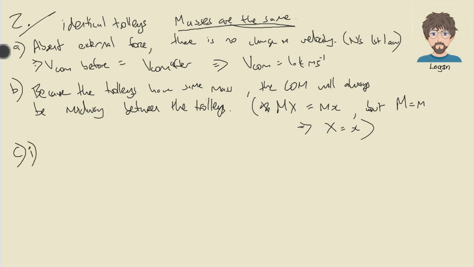1 second after the collision, the centre of mass of the system will be 1.4 meters from the collision point. Yep. Explain how far the centre of mass will be from the collision point 1 second before the trolleys collide. Well, not where it will be, where it was. Well, the velocity of the COM is constant because of no external force.